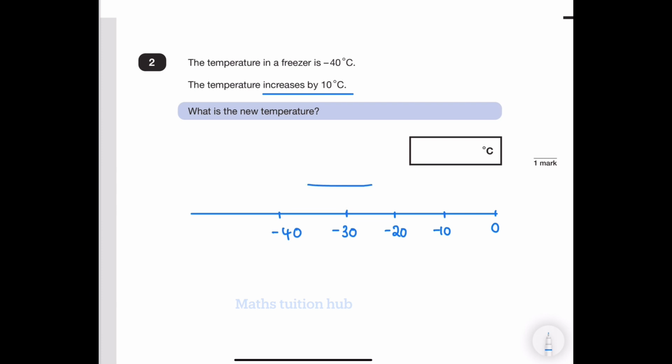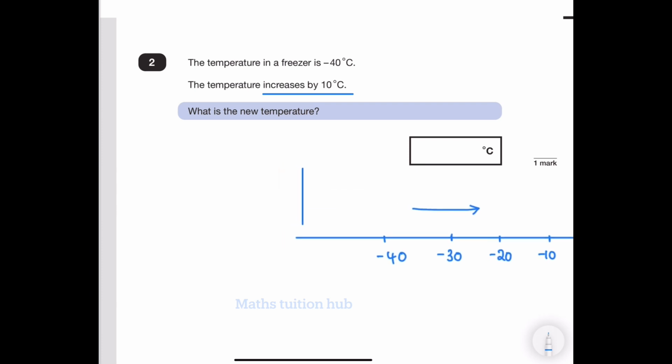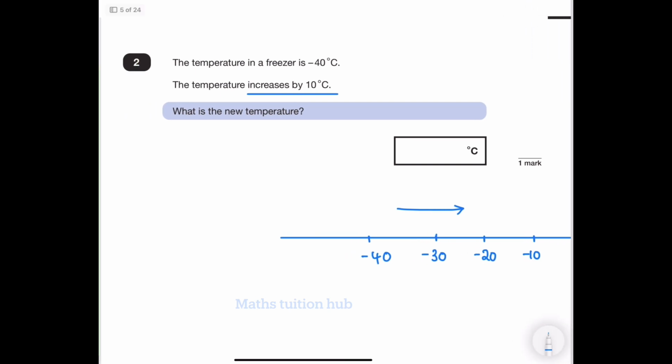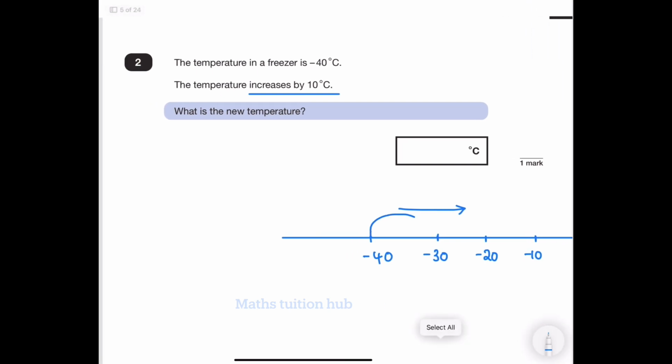So we have to go to the right for the number line from minus 40. So minus 40, increase 10, so add 10, that will give us minus 30. So the new temperature is minus 30 degrees.